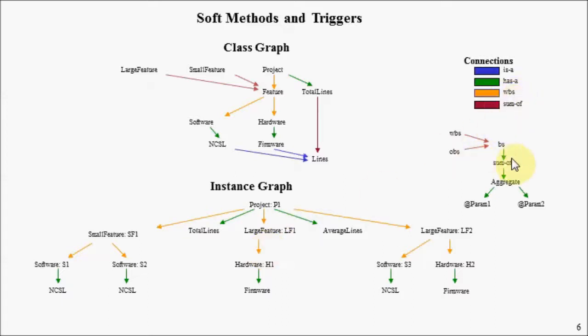We have this sum of attribute that takes basically two parameters. Whenever NCSL or firmware is changed on any of the entities in our WBS graph, we execute this function to update total lines. So it's a way of automatically populating property values.